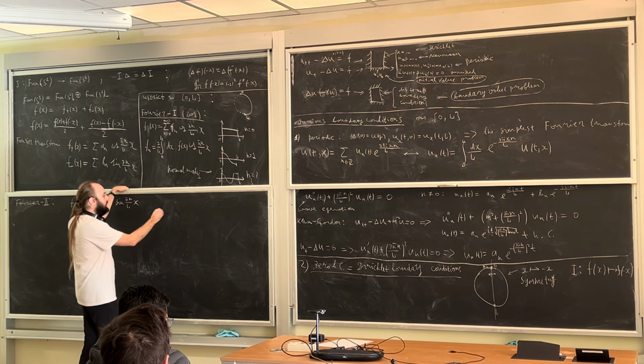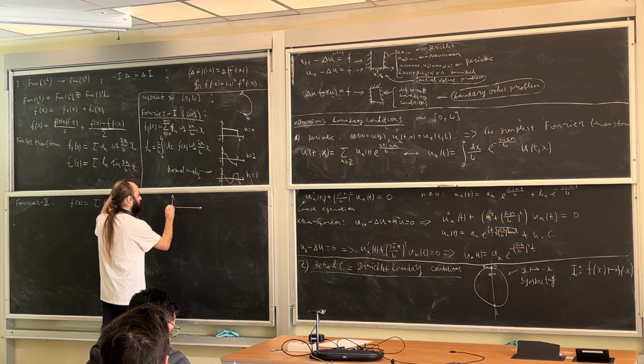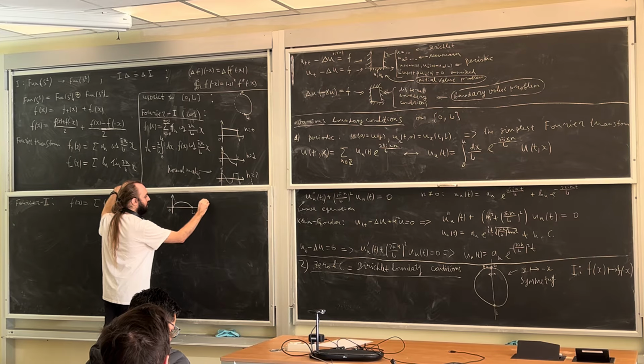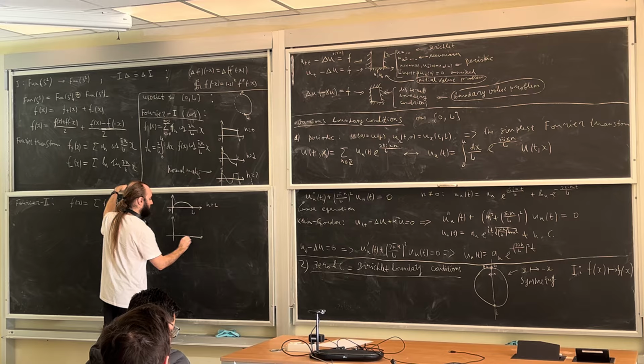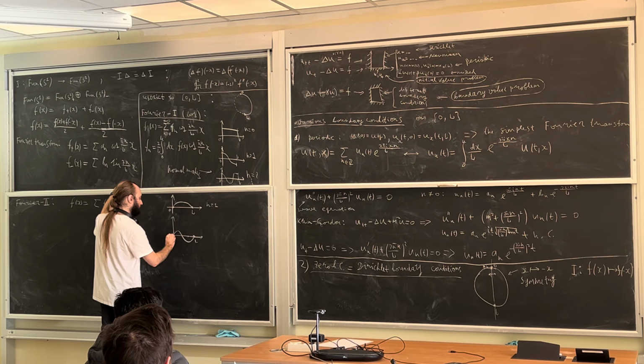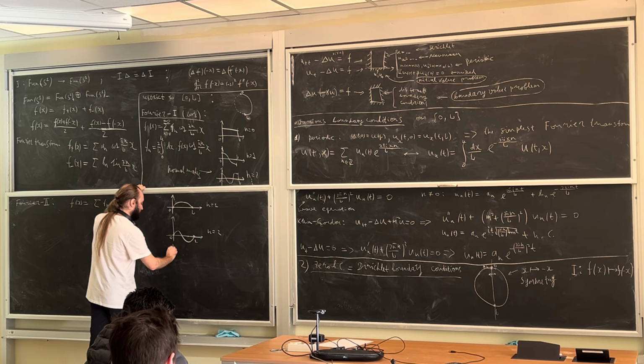So in this case, normal modes look like this: 0 to L, n equals 1, n equals 2, and so on.